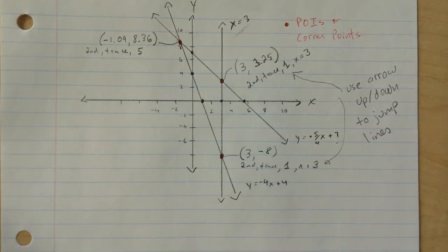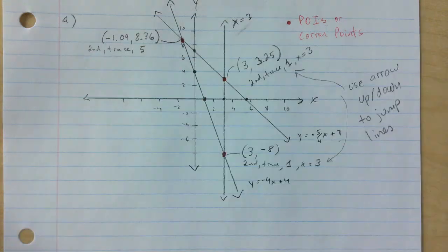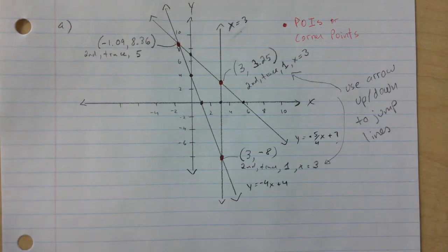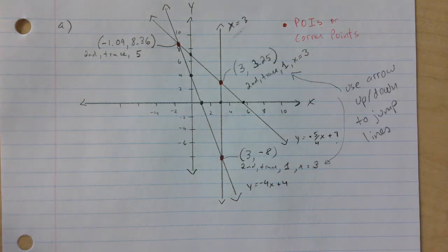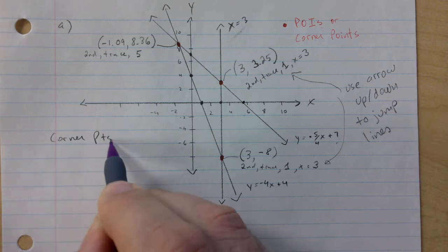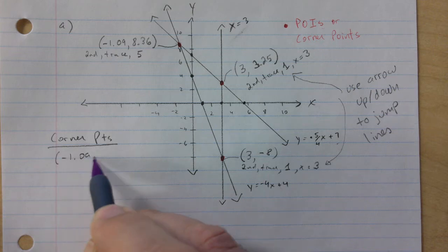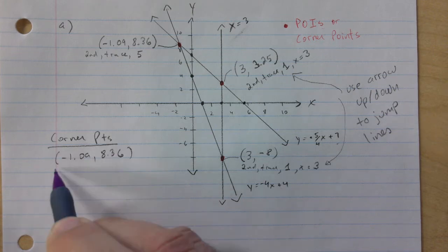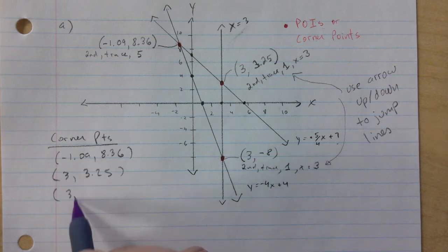So this was A, right? So basically what I normally would want you to do, I wouldn't want you to fill up your graph as much. I would just want you to say here, corner points, right? We'll just write them down: -1.09, 8.36, 3, 3.25, 3, -8.